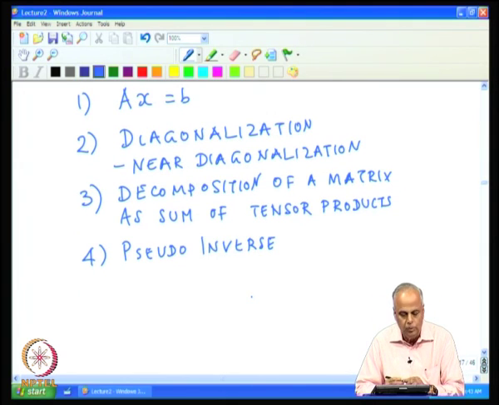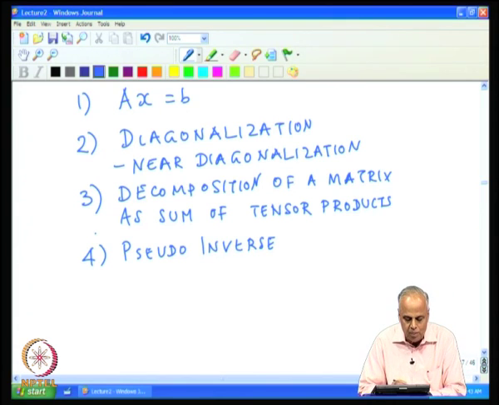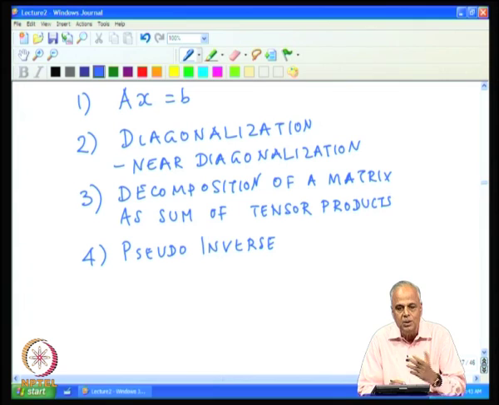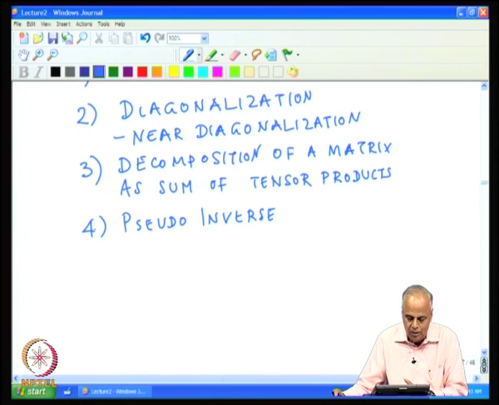Now, we should not lose sight of the fact that the second, third and fourth problems are consequences of the questions that we asked in the first problem for the linear systems of equations. So, they are all highly interrelated problems and go hand in hand, one helping the other or one leading to the other.